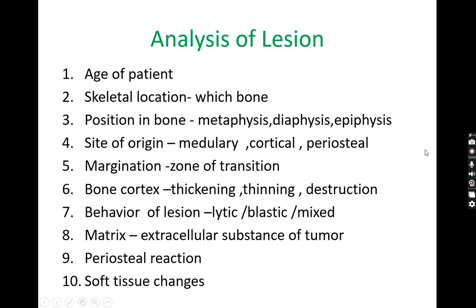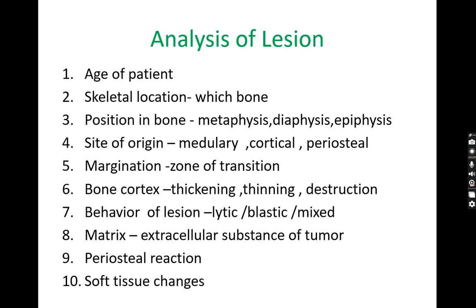These are the 10 important criteria based on which we characterize the lesion: age of the patient, then which bones are involved, then what part of the bone is involved, whether the epiphysis, metaphysis or diaphysis, and whether the lesion is cortical based, medullary, or periosteal. Then the margination, whether it is a narrow or wide zone of transition, meaning well defined or ill defined.